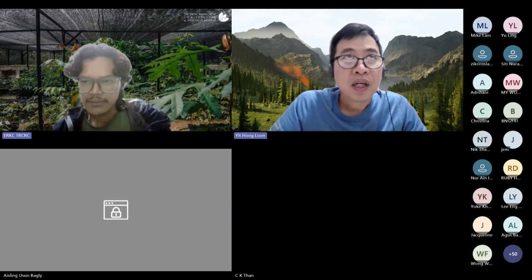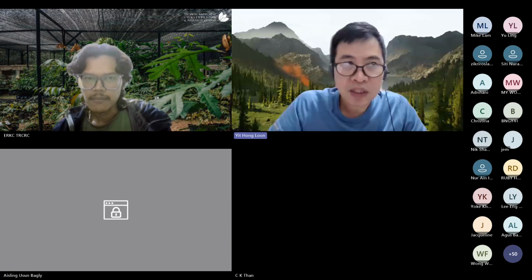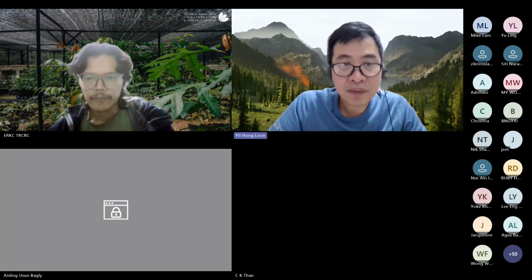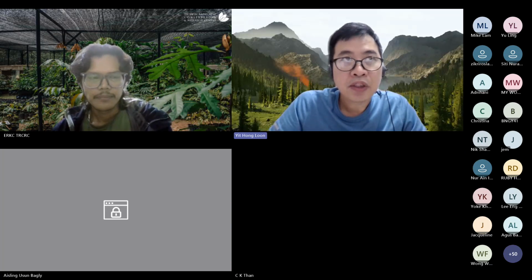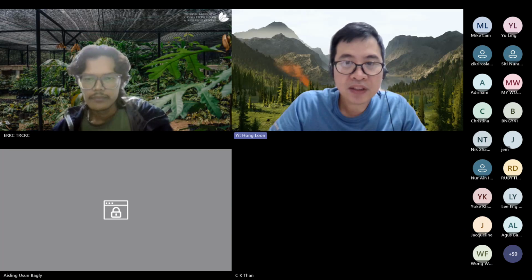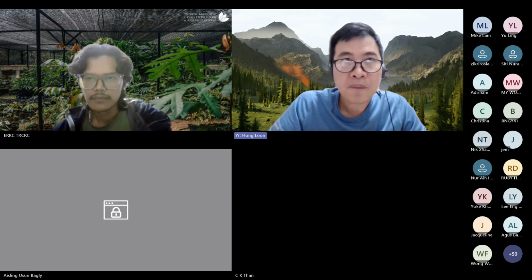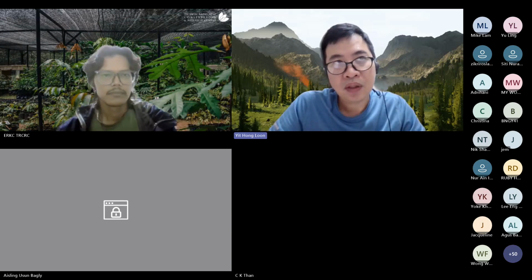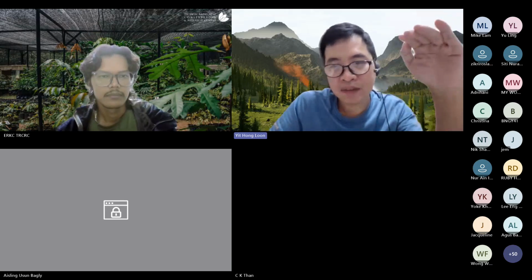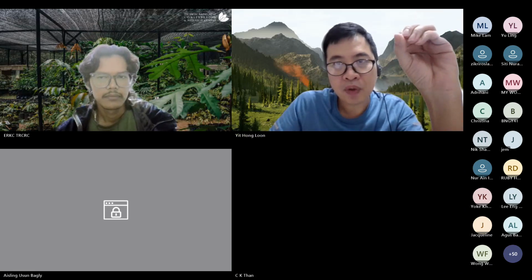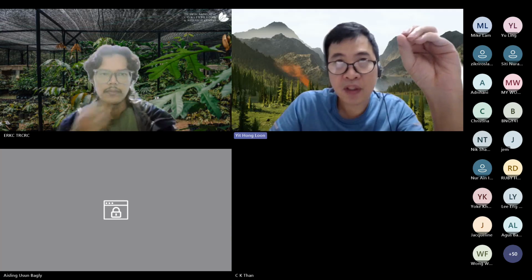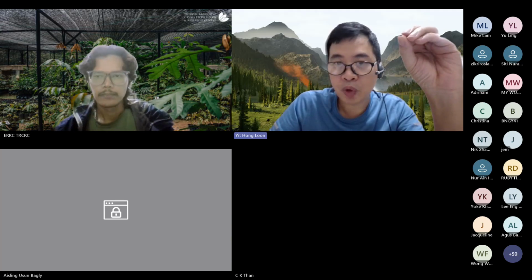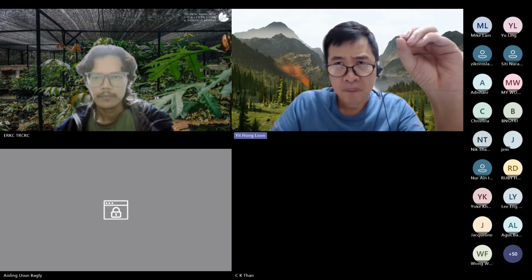Okay, in the example of cordyceps on ants, when the ant is infected with the fungi, it will manipulate the ant to climb above a certain height. Then it will grip onto the tree leaves or even the twigs or the branches.